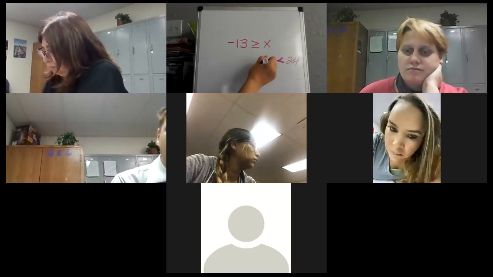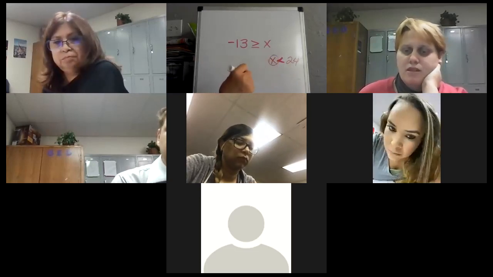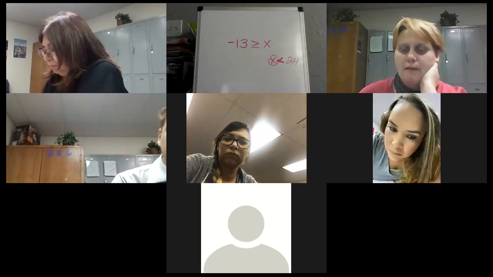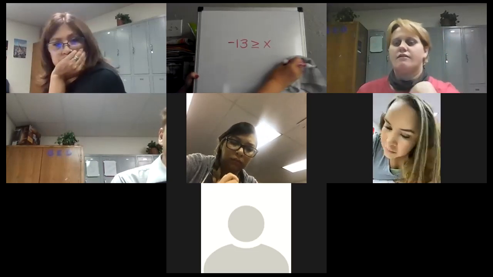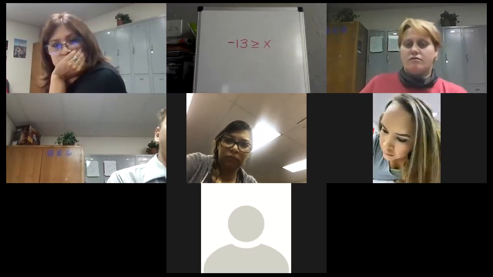But that only works if the X is here on the left-hand side, okay? If the X is on the right-hand side, what we need to do is be very, very careful.